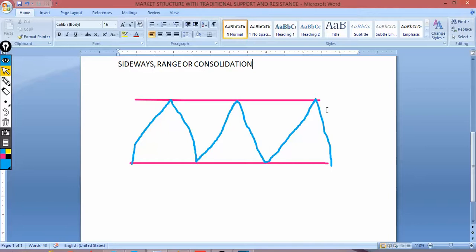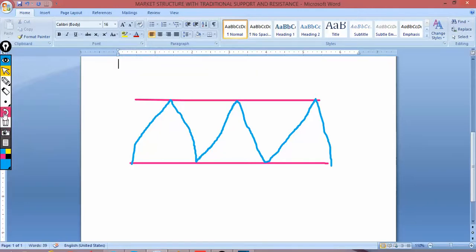And so in this type of market, if you are trading, you should buy very close to the support and you sell very close to resistance. So this is the first type of market, which is a sideways or range or consolidation.